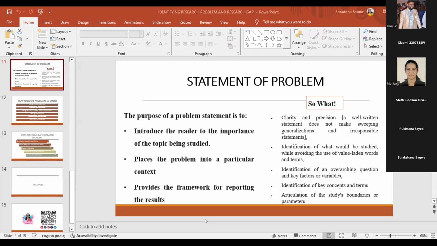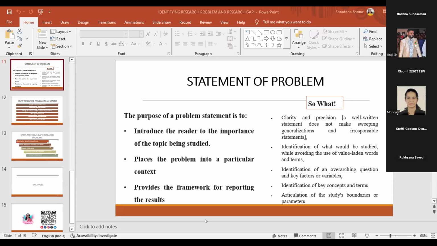Ideally, it focuses on addressing real world challenges and generating practical solutions in order to improve certain aspects of society, technology, health or environment. So studying the use of agricultural techniques in order to optimize crop yield and minimize resource waste is an applied research problem.